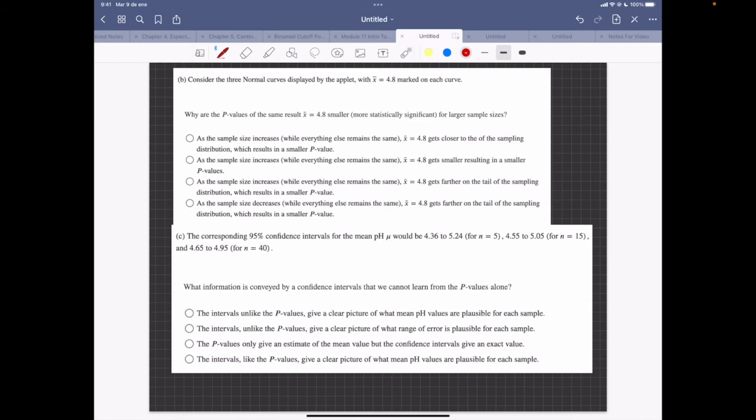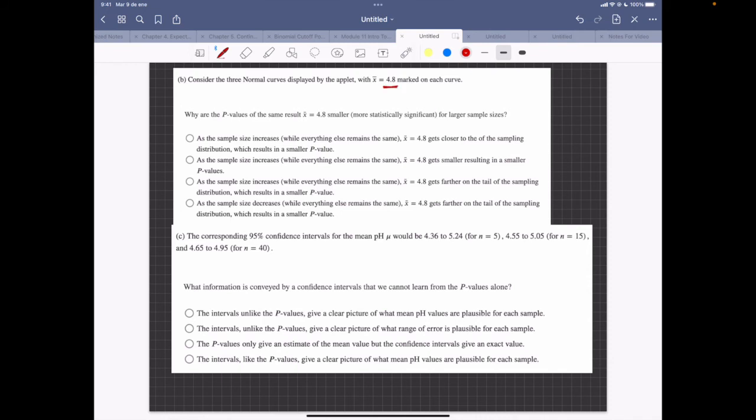And then you will have to complete this. It says consider the three normal curves displayed by the applet with x equal to 4.8.